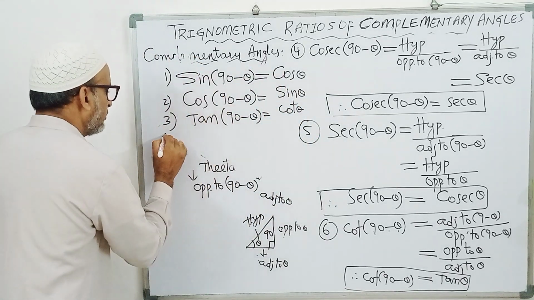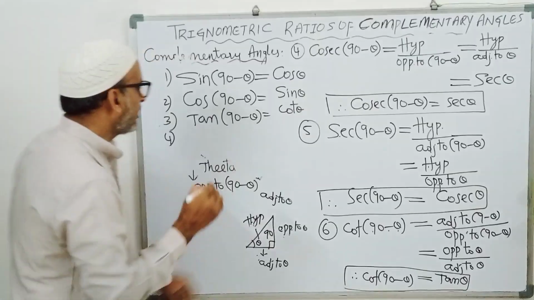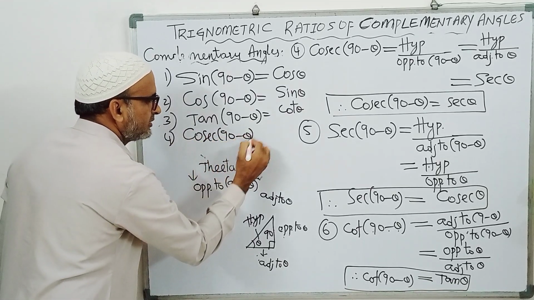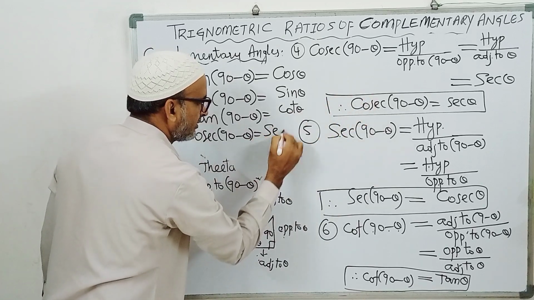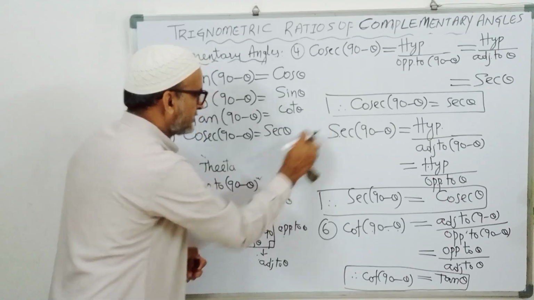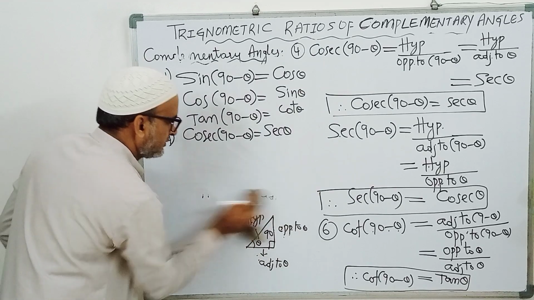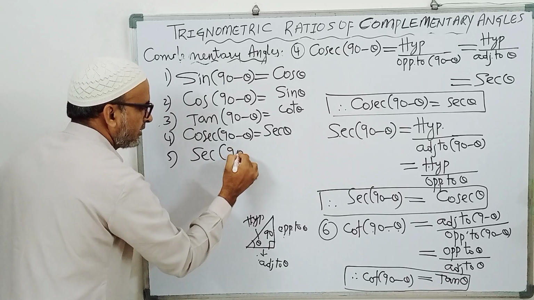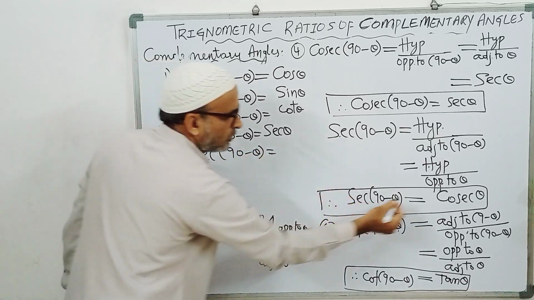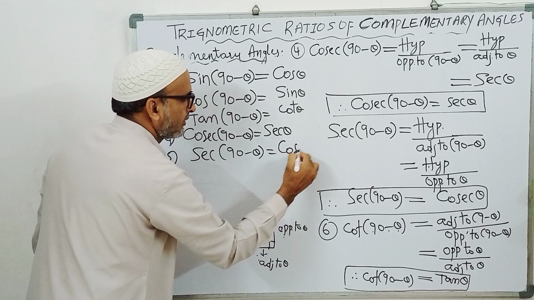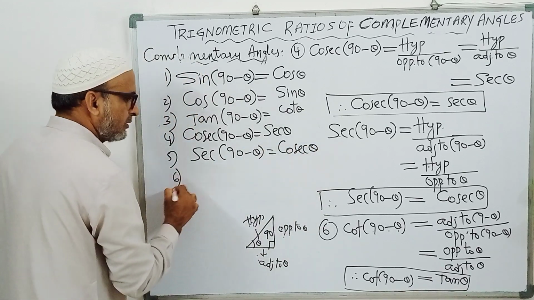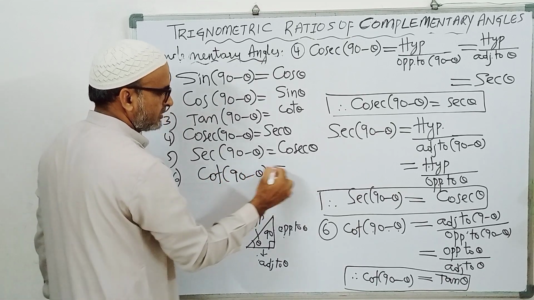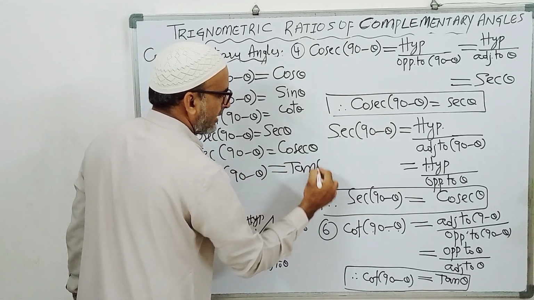Fourth, cosec of 90 minus theta is equal to sec theta. Next, secant of 90 minus theta is equal to cosec theta. Sixth one, cot of 90 minus theta is equal to tan theta.